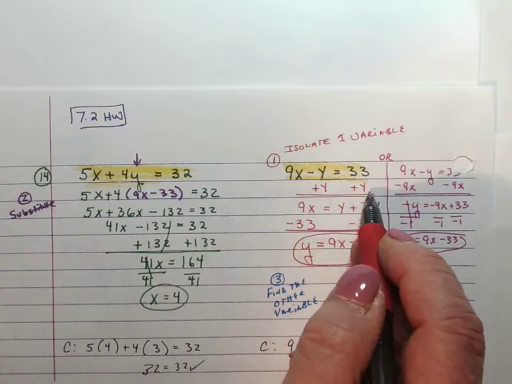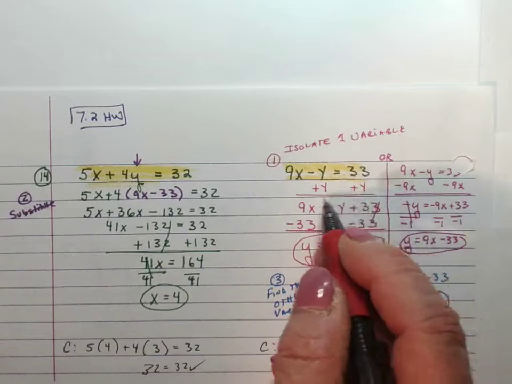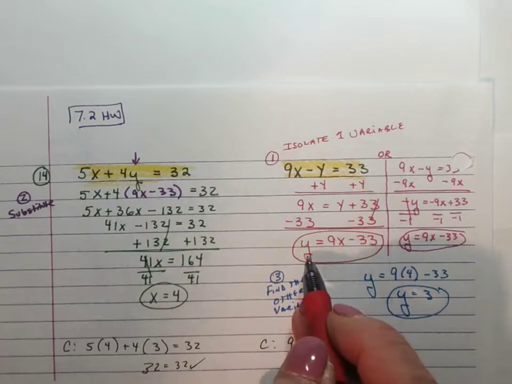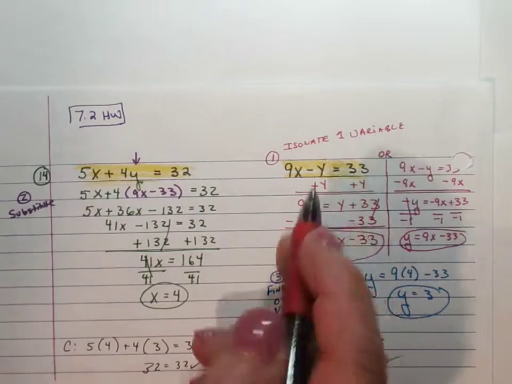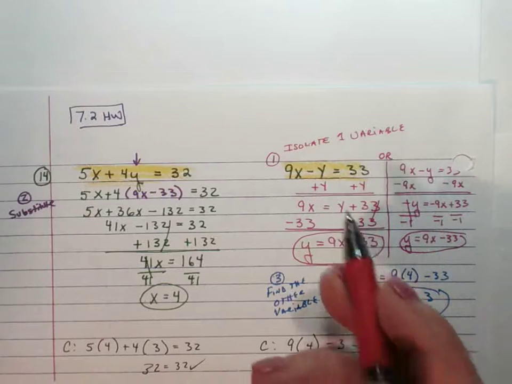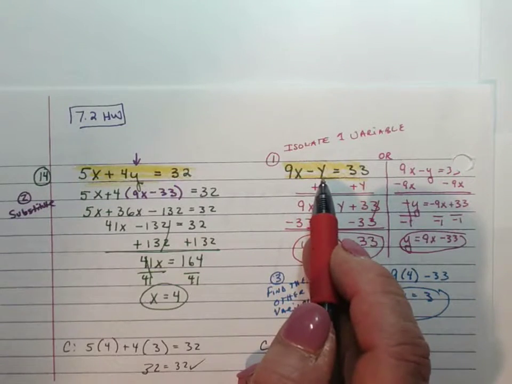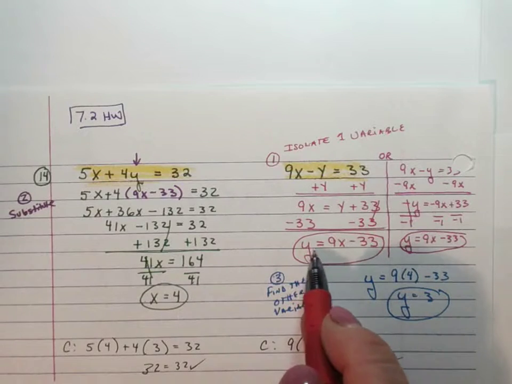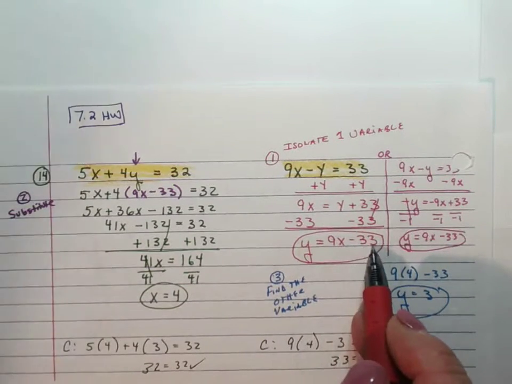I added y to both sides, and so I got my equation, y equals 9x minus 33. So these were the 2 original equations, and this would have been the easiest one to isolate. So you should have gotten y, no matter how you did it, y equals 9x minus 33.